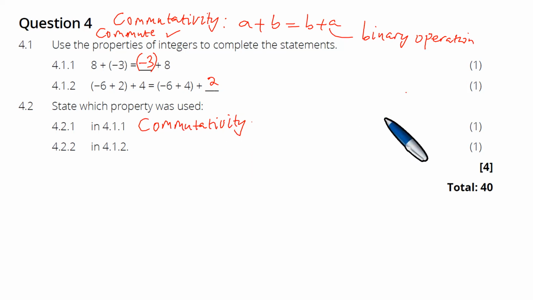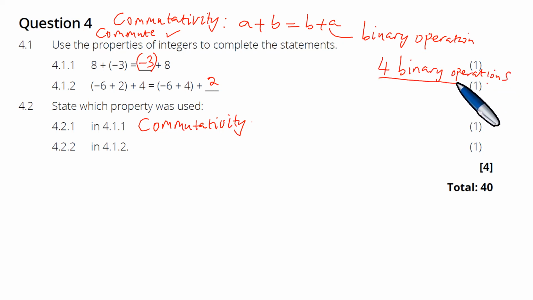So in mathematics, we learn 4 binary operations. What are the 4 binary operations that we learn in mathematics? Have you ever heard of them? No, I have not. All right. We'll look at the first one.